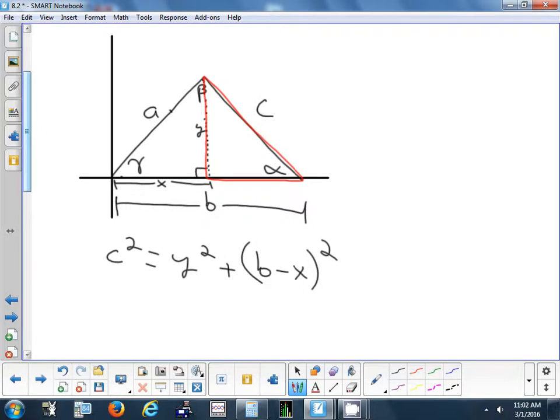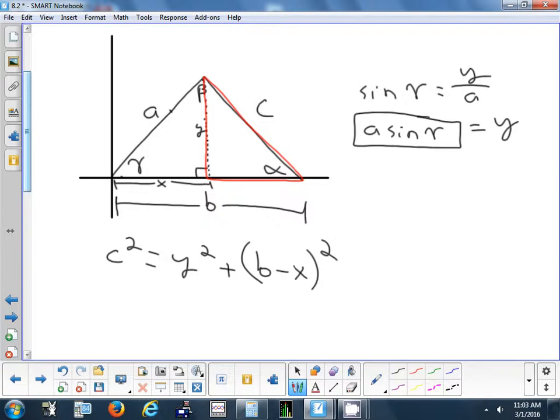What trig function could you use with gamma that would involve opposite and hypotenuse? Sine. Okay. What would the sine of gamma equal? Y over A. So then if I got y by itself, what would be the formula for y? Yep, a sine gamma.